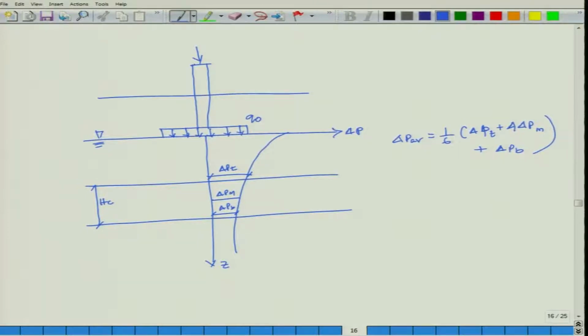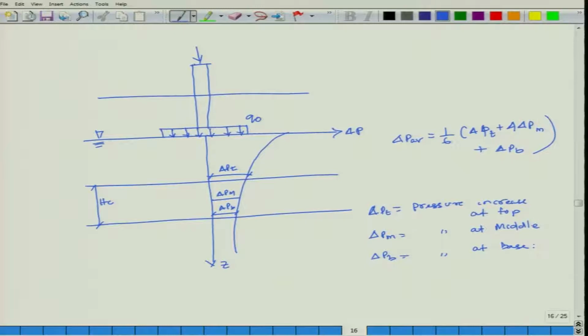The increase in stress in this soil layer is not constant with depth; rather it is decreasing toward the bottom. Delta P T is your pressure increase at top, delta P M is your pressure increase at middle, and delta P B is your pressure increase at base.